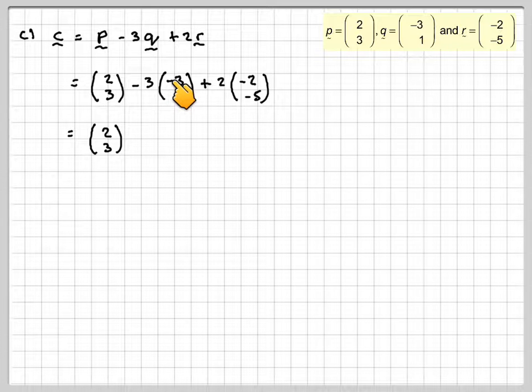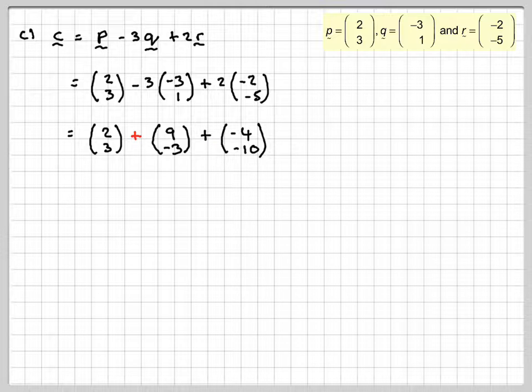Now we take that minus sign into the vector and change the signs, so that gives me plus (9, -3). And this one we'd keep as plus because we're just adding. So it becomes (-4, -10). Then adding that up, we get 2 plus 9 minus 4, which is 7, and then 3 minus 3 minus 10, which is minus 10.